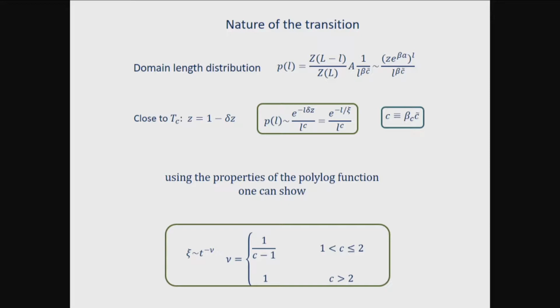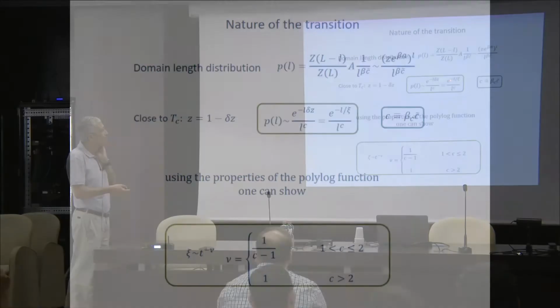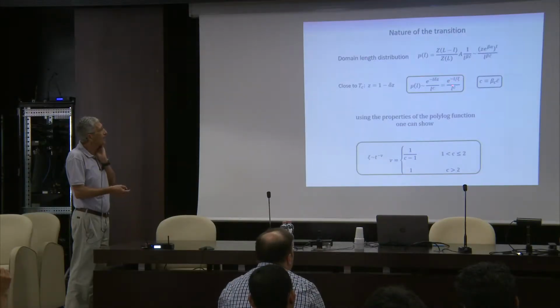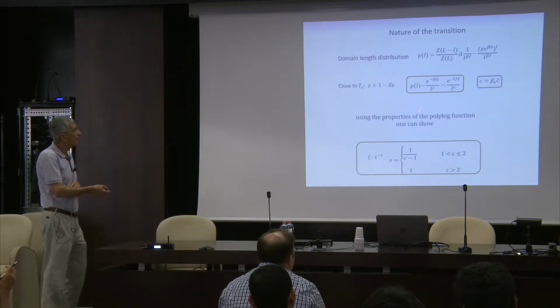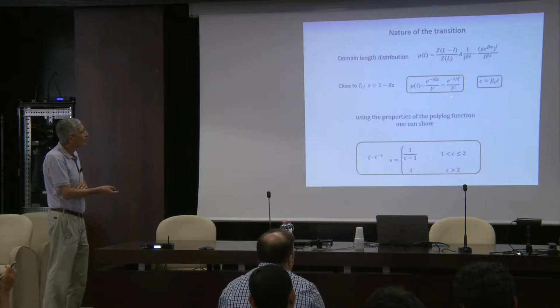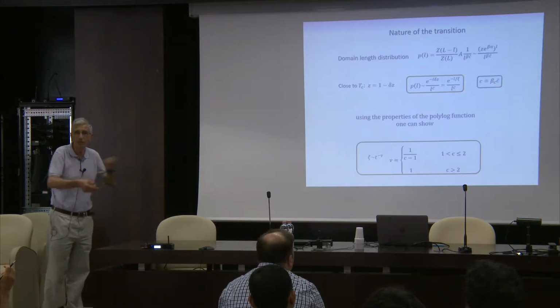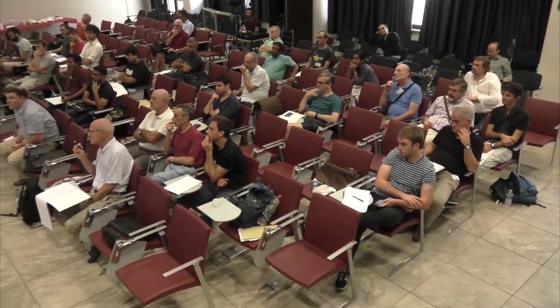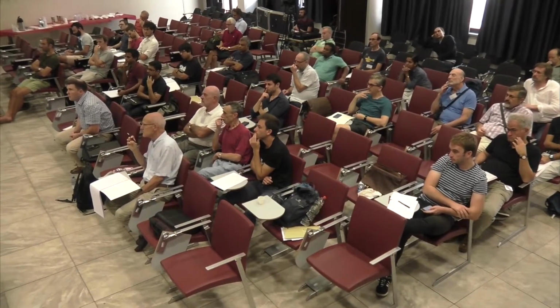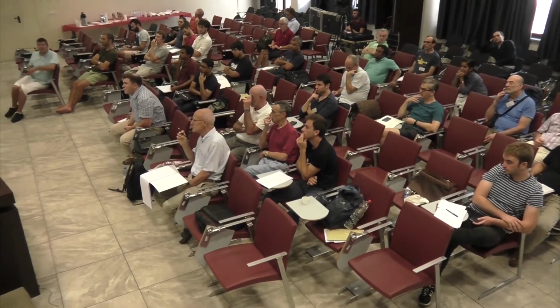And it's easy to see that the probability of having a domain of length l is just e to the minus l over xi divided by l to the c. This is the form. And the xi and the c are just some parameters that depend on the critical point or whatever. So it could be anything, it's some parameter. And xi is the correlation length.